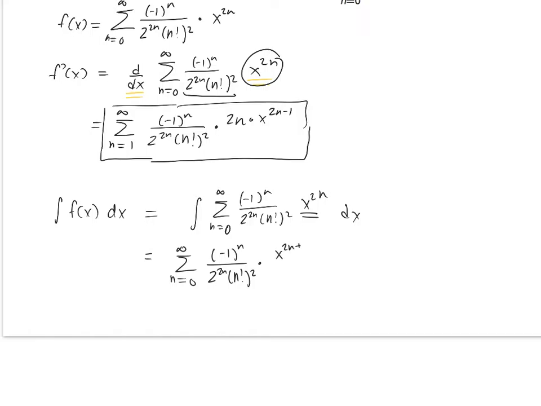X to the 2n plus 1 over 2n plus 1. And then because you did an antiderivative, you have to add plus c. Sometimes you can figure out what the c is and sometimes you can't. It just depends on the situation. In this case, we have no information, so no idea. But you get the idea that the stuff that has n's are constants and the x's are what you work with. Okay. So here's how we're going to use it.